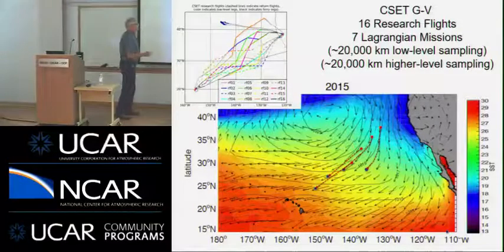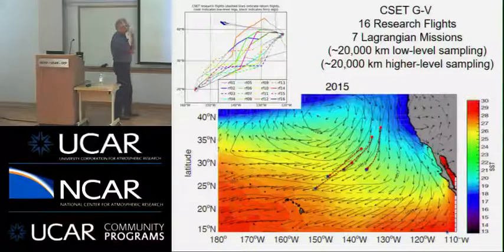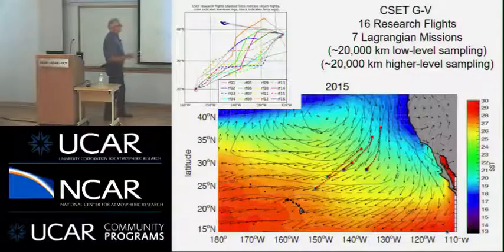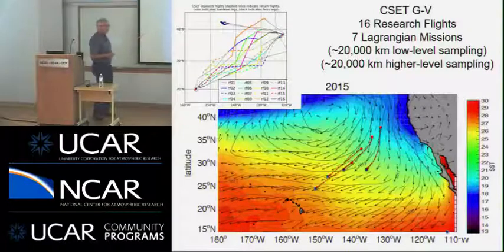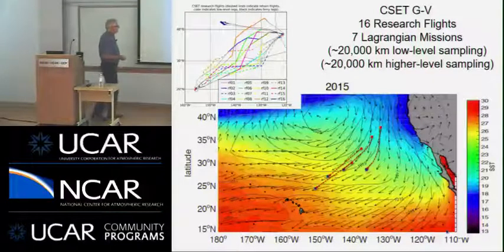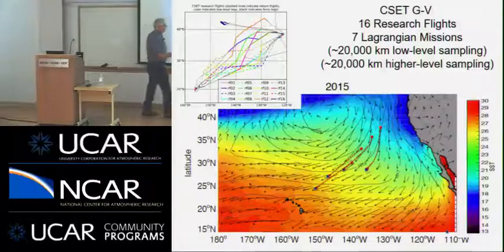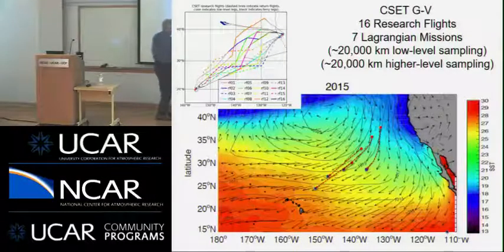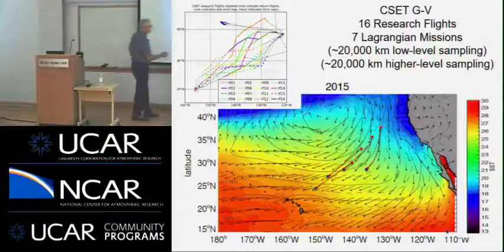So again, in total, we had 7 Lagrangian missions, and that amounts to about 20,000 kilometers of low-level sampling, 20,000 kilometers of high-level sampling, if you make a rough estimate of what we did. So we covered a lot of territory during this time period. And what I've drawn here is the subtropical high, or the anticyclone that you can see out over the Pacific.